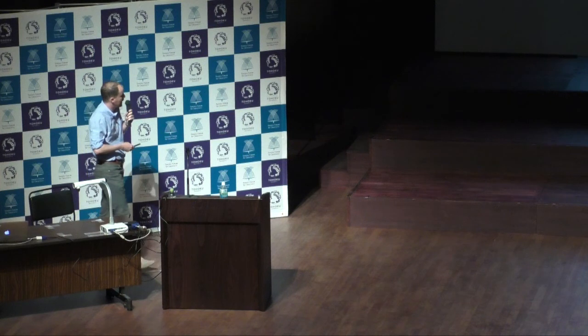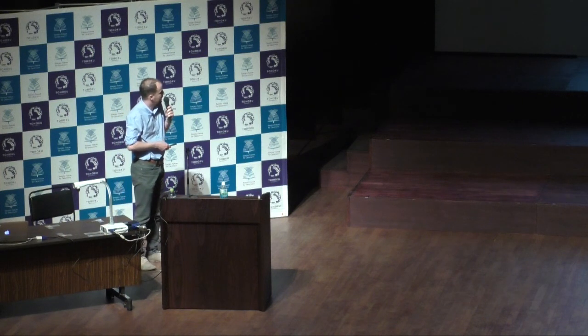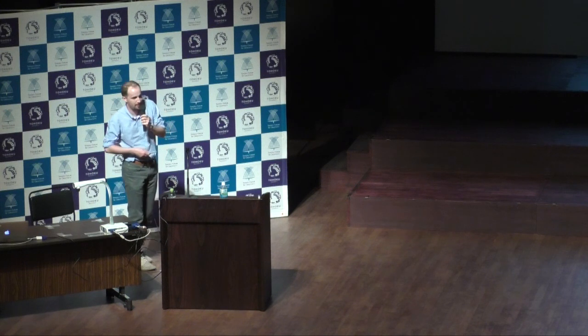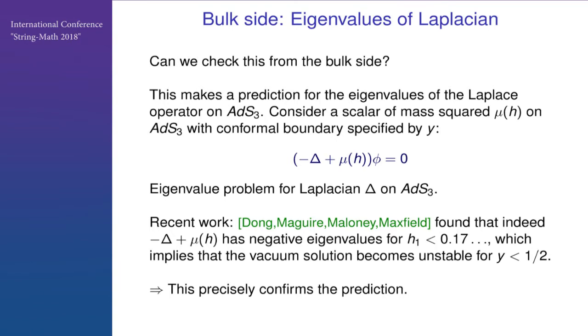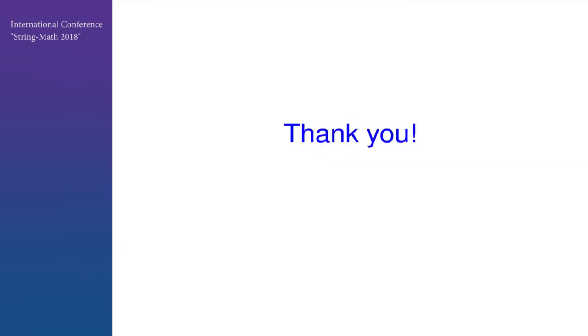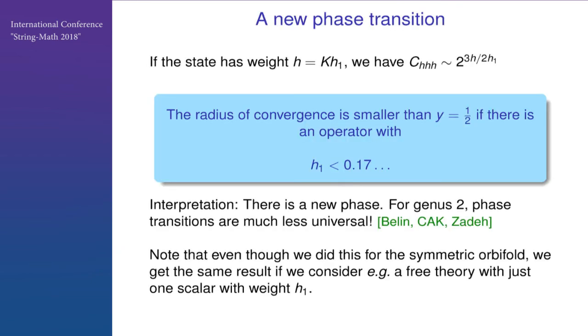And very surprisingly, at least to us, they found that this happens for exactly the same number that we found. So they also find that you get negative eigenvalues if h1 is smaller than 0.17. I should say I cheated a little bit here because there are certain approximations.